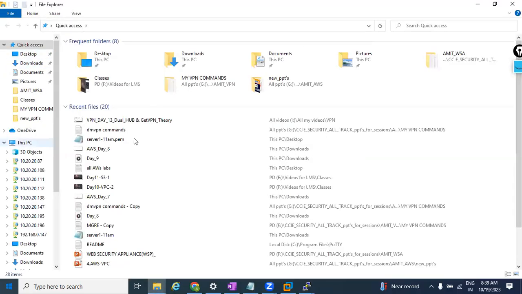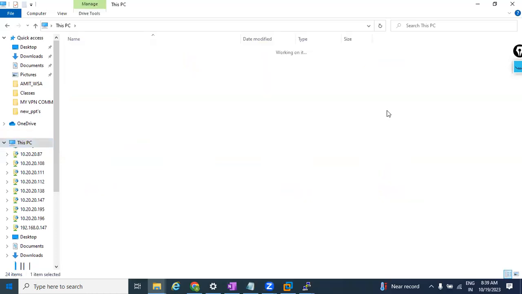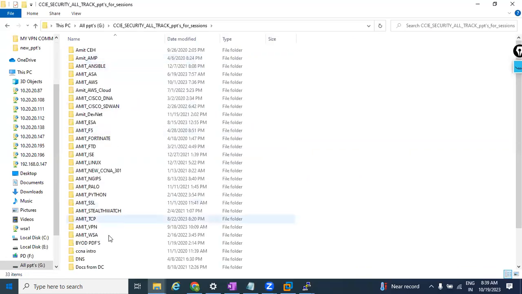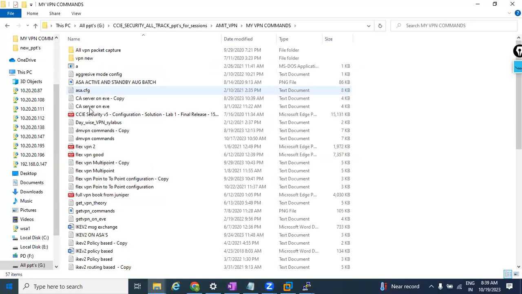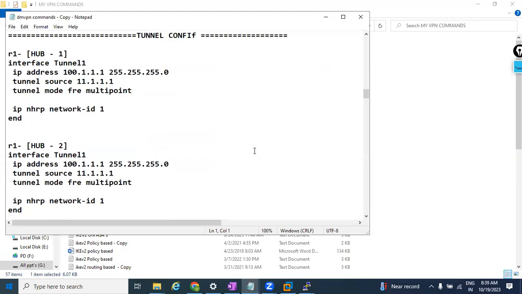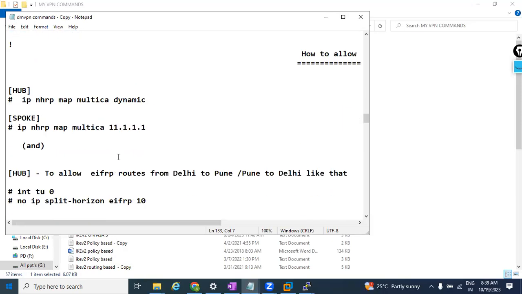So the commands are already there on your drive. First go through DMVPN. Only then would dual hub be possible. If you try to get into this directly, it would be kind of a bouncer here. So PQRS DMVPN, hub 2, tunnel source, mode GRE.